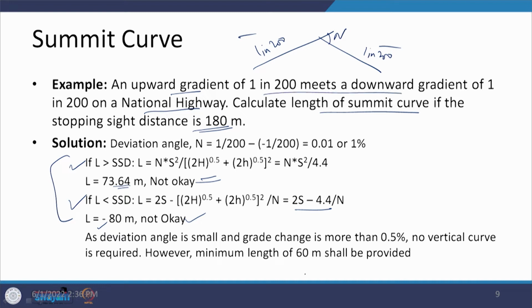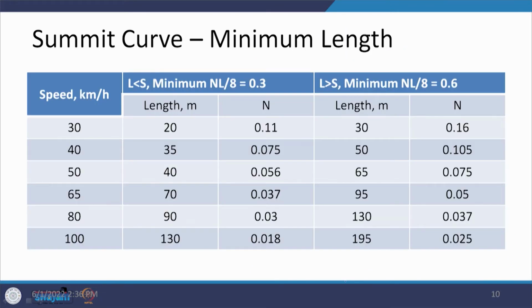Considering those, we have to go back and see what needs to be provided in these circumstances, and we take a decision that we are going to provide a minimum length of 60 meters in this case, because we are talking about 180 meters as SSD, and this is related with 100 kilometers per hour speed. So, considering that particular speed, the minimum length required is 60 meters to be provided from the table, and that can be implemented.